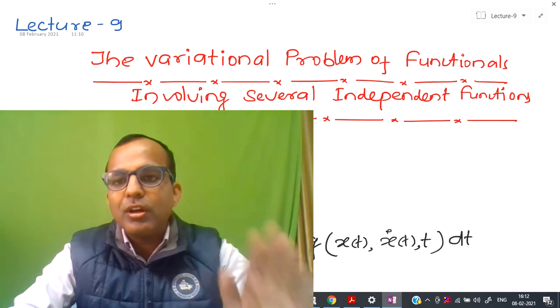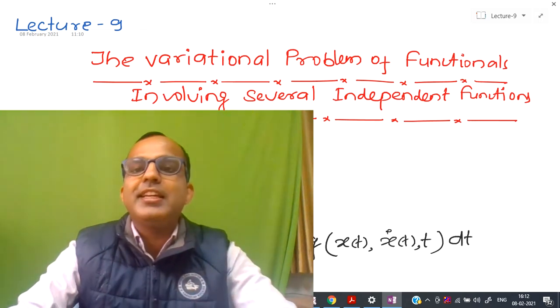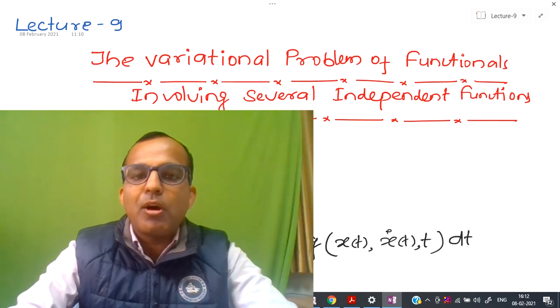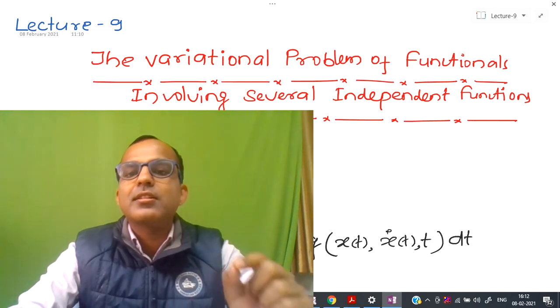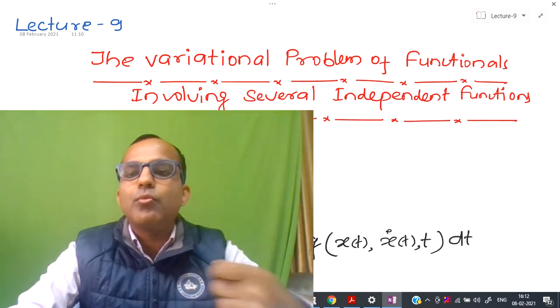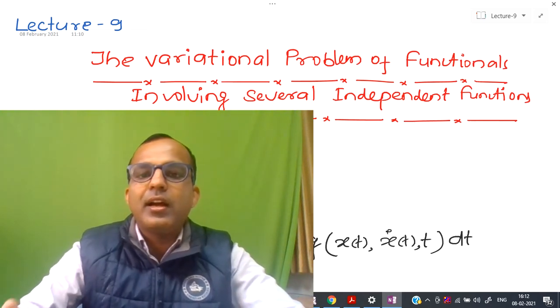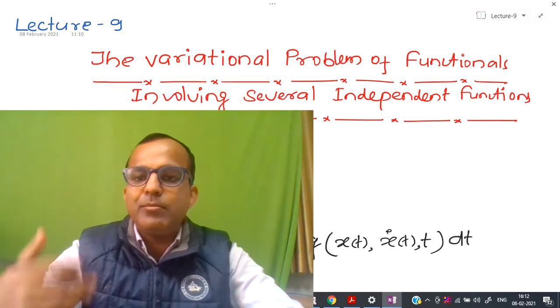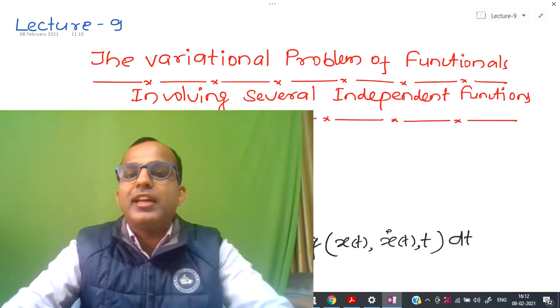So what we have done till now is that we have formulated some basic problems of variational calculus, where the functional contains just one function. But if the functional involves more than one independent function, then that is a little more realistic.